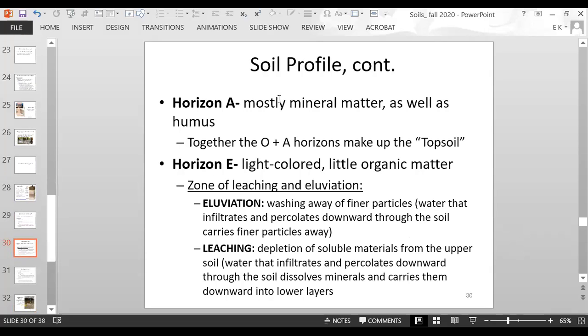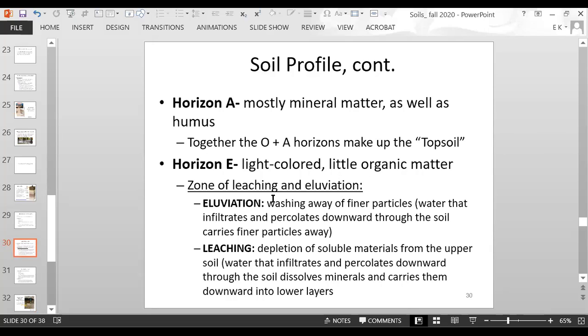Horizon A is mostly mineral matter as well as some humus. Together, the O and the A horizons make up the topsoil. Horizon E is light colored and has little organic matter. And we call it the zone of leaching and the zone of alluviation.